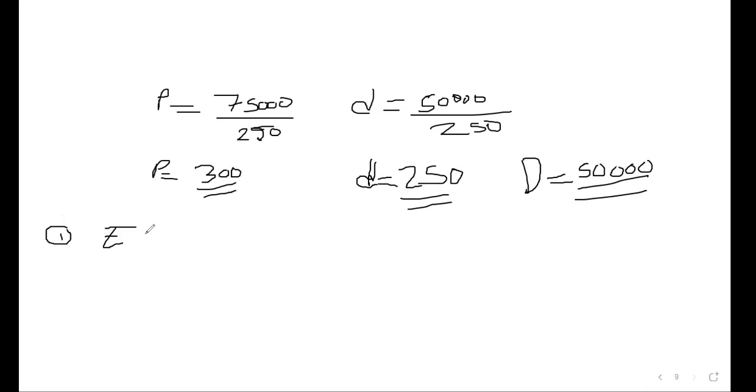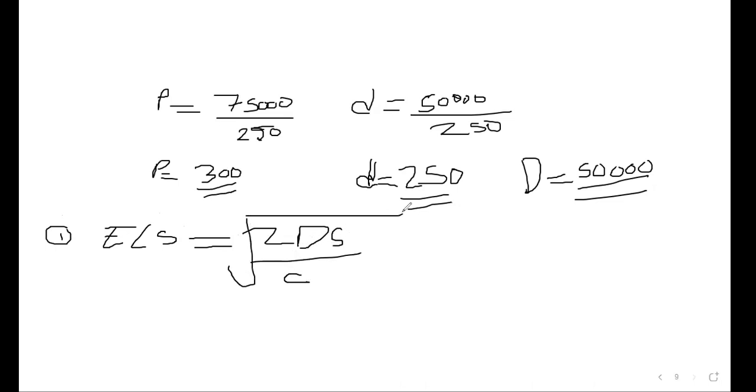Okay, so if we now want to find our economic lot size, the first one, economic lot size simply means the production size is equal to square root of 2DS over C. So here we can substitute and say 2 multiplied by 50,000 and multiplied by the setup cost, 350.